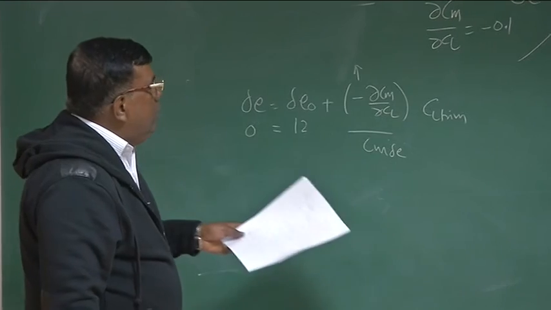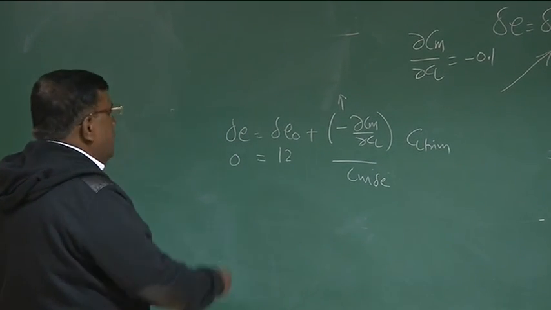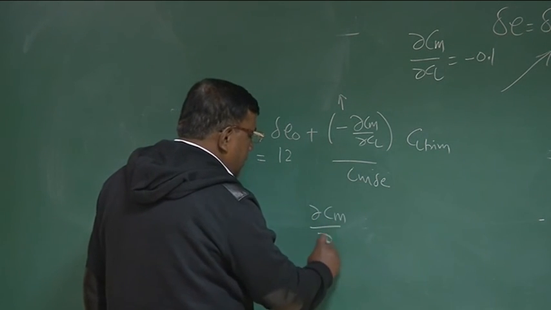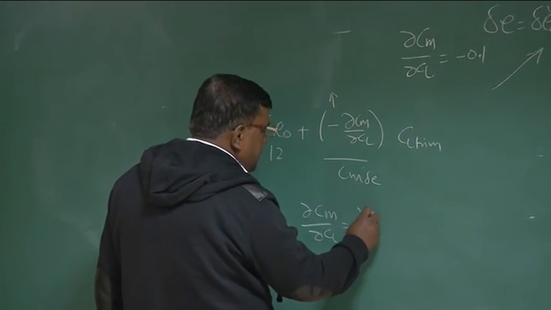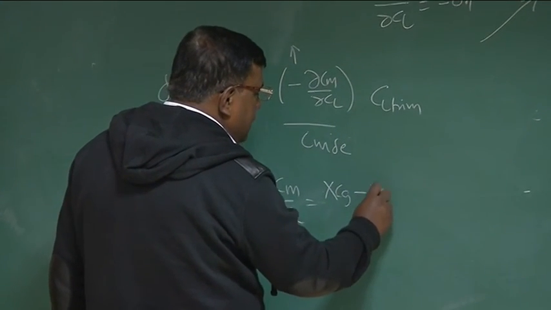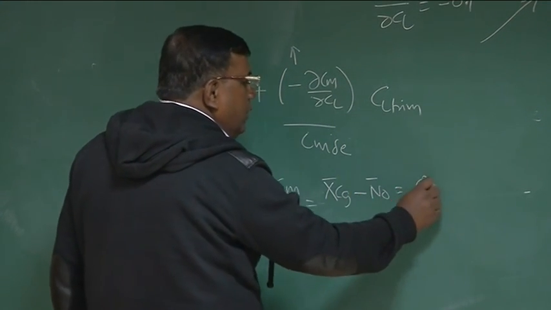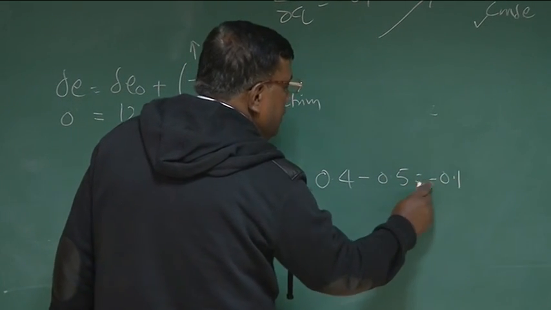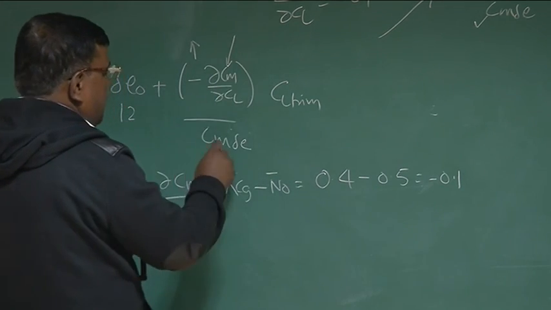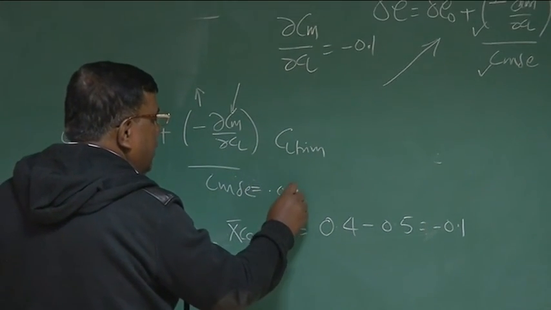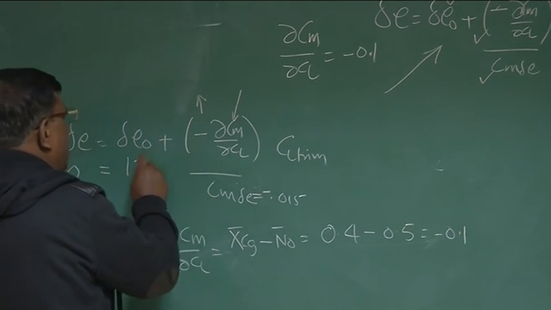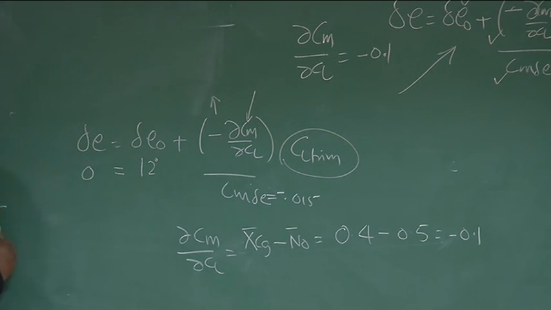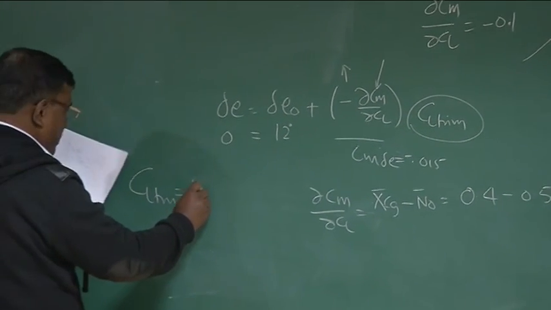Now everything we know, we have to just use the relationship. What is dCM/dCL? dCM/dCL is nothing but XCG minus XN, and this is 0.4 minus 0.5, so this is minus 0.1. This value I can put here. CM delta E I know is minus 0.015, and delta E naught is 12 degree. So I can easily calculate CL trim by inverting it. So CL trim I will get around 1.8.